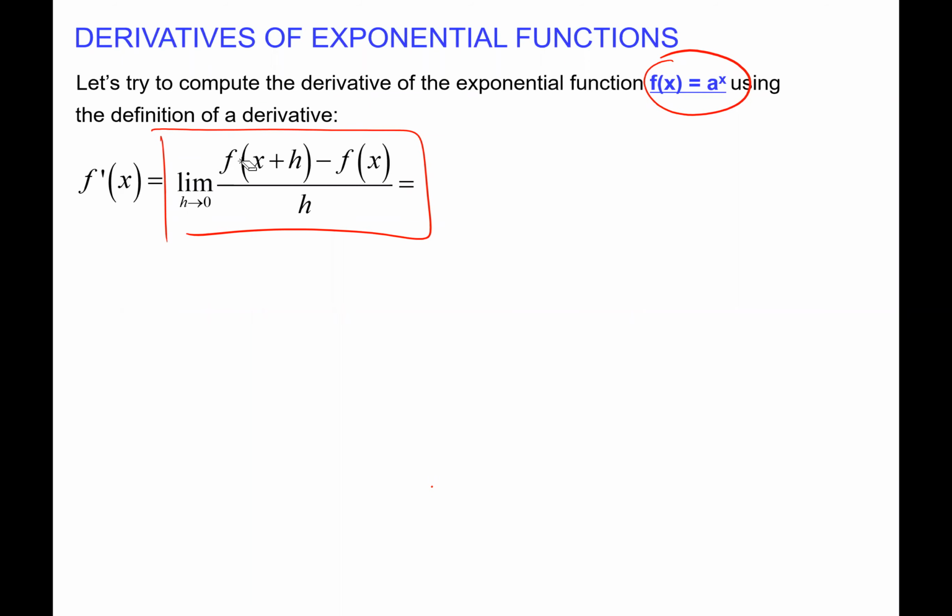Limit as h goes to 0, f of x plus h minus f of x over h. I will evaluate this limit for my function. That means f of x plus h is simply a to the power of x plus h, f of x is just a to the x, all over h. And I have to compute this limit.